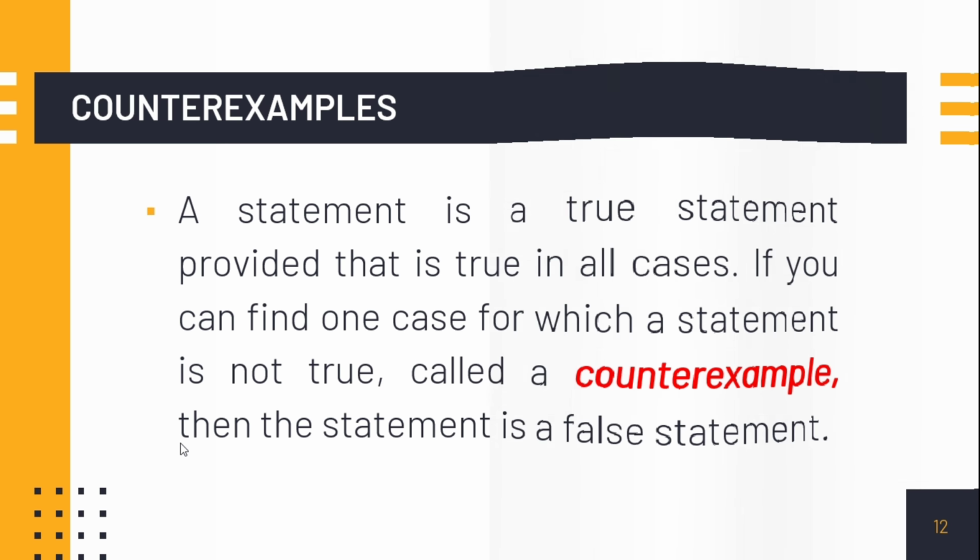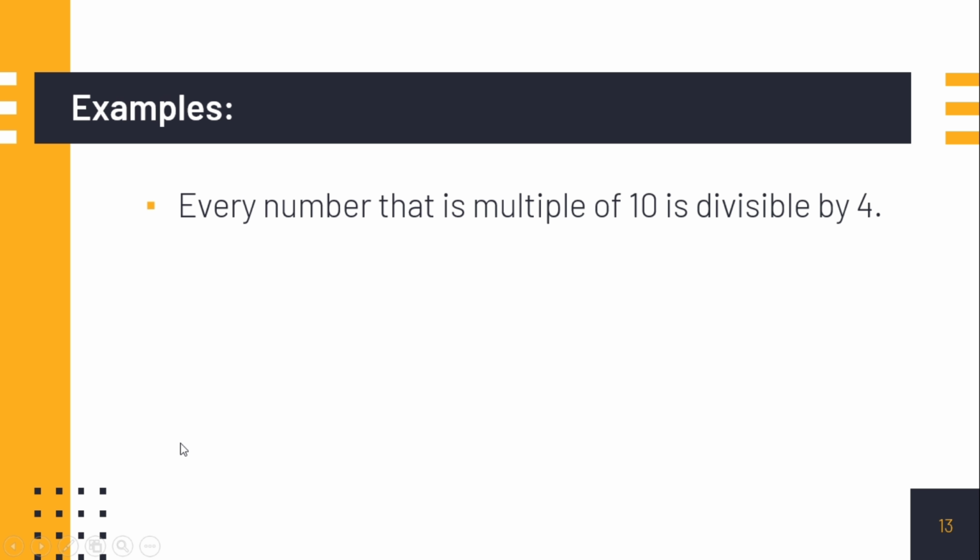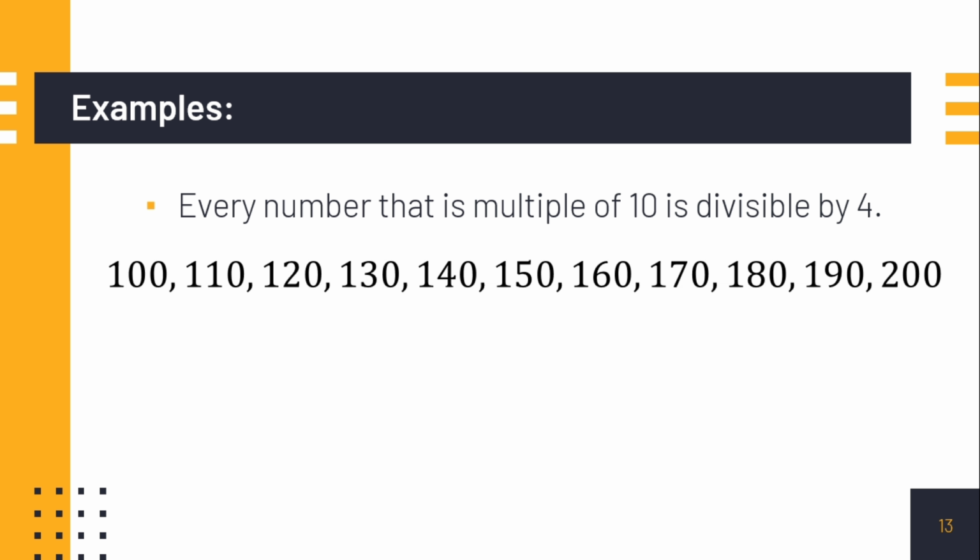if we have: every number that is a multiple of 10 is divisible by 4. Before you give your conclusion on that given statement, you can first try numbers that are multiples of 10. Let's list some of the multiples of 10 and check if these numbers are really divisible by 4.